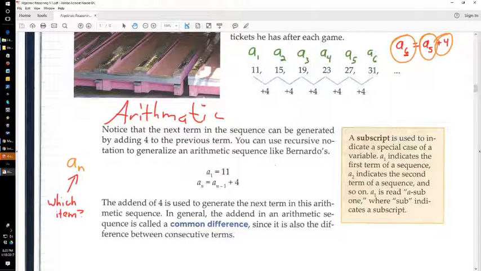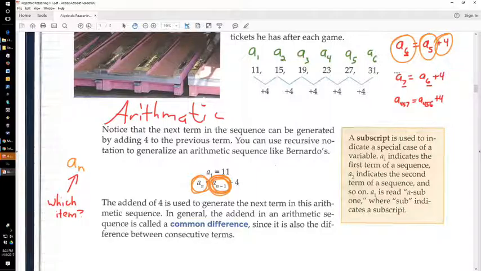If I want to know what the 7th is, take the one before it, n minus 1 to get 6, and add 4 to it. If I want to know what the 457th is, take a sub 456 and add 4 to it. That's what the n minus 1 is. It means the item before a sub n.